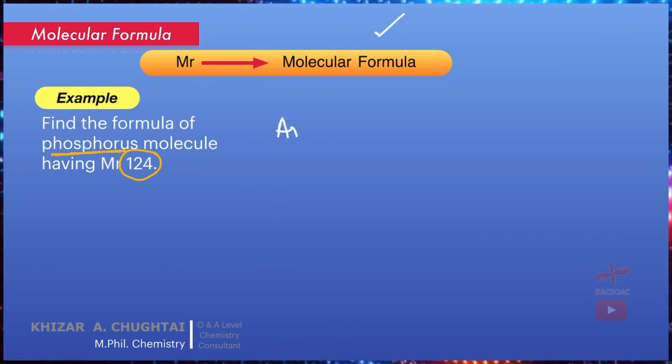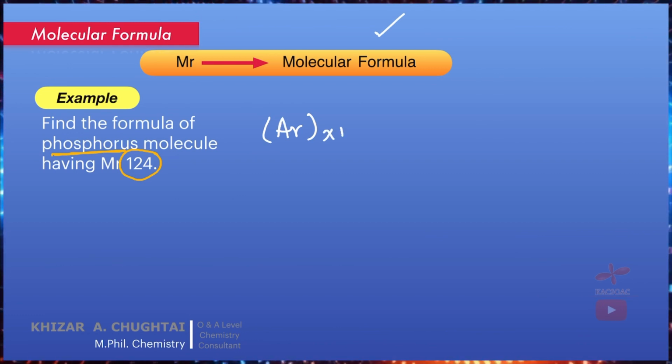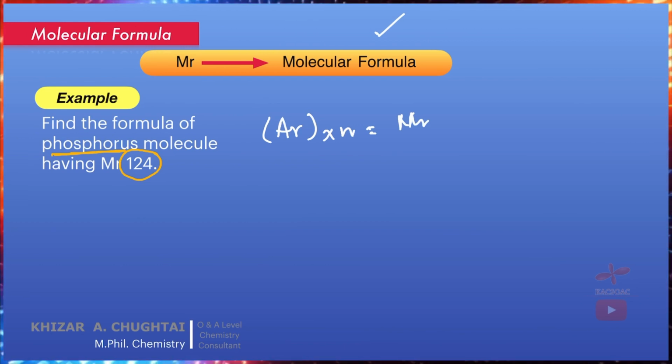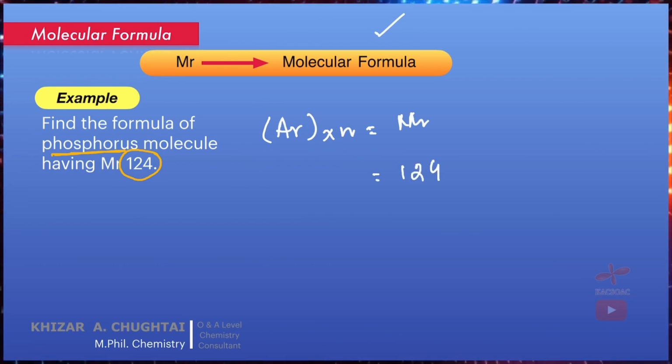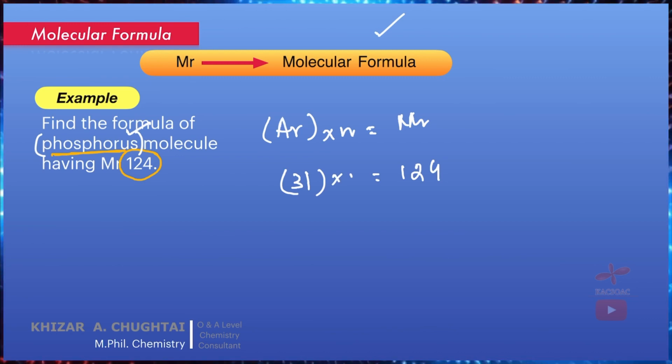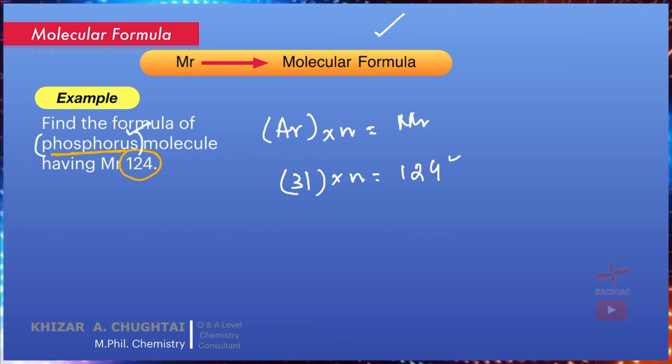In this case, you can write AR multiplied by N is equal to MR, right? So MR is equal to 124. AR you can check from the data booklet, that is 31 in the case of phosphorus. Multiplied by N, the answer should be 124.